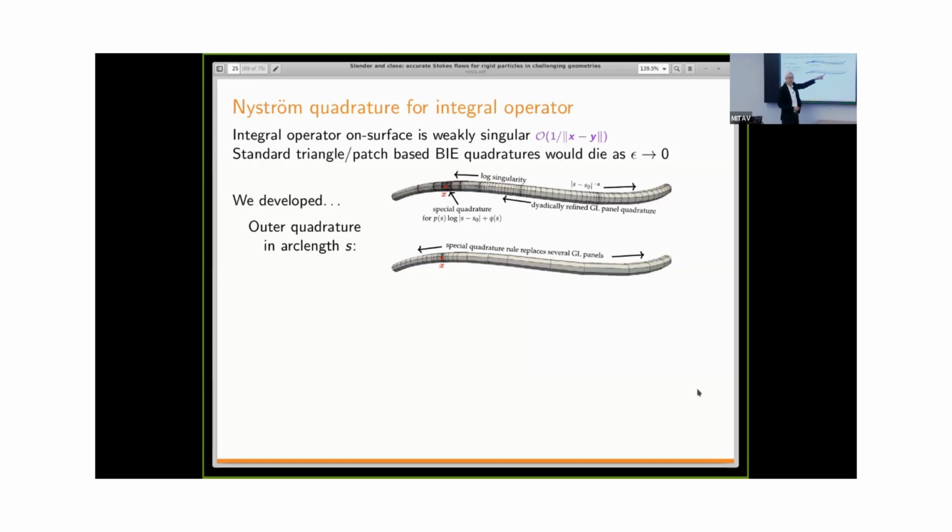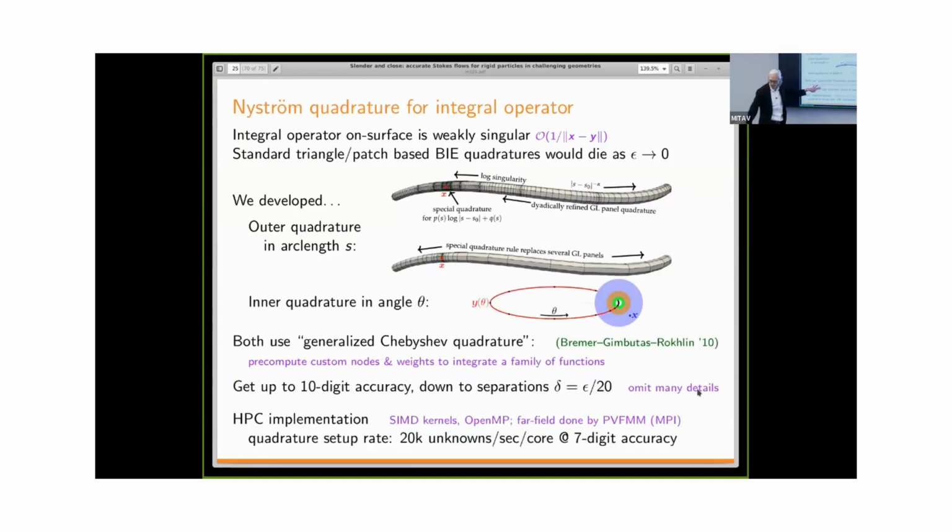But then what Daria did was sort of genius: generate custom quadrature rules that replace all of those refined panels by 4D quadrature points. And the same happened in the theta direction. We're limited to fibers with a circular cross section, because then you get certain fast lookup tables for evaluating the theta integrals.